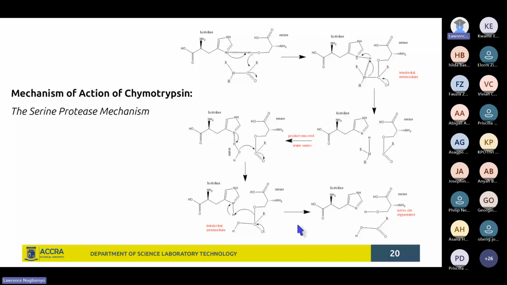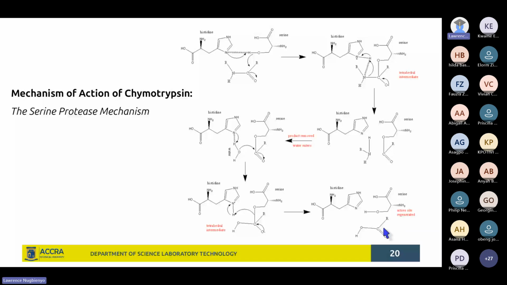In the last step, the hydrogen which was donated by water, transferred onto that nitrogen, is given back to the serine residue. Now, what do you notice? The second amino acid is also now released from the serine residue. And the hydroxyl group from water has now fully bonded onto that carboxyl group. And so you now have a full amino acid.